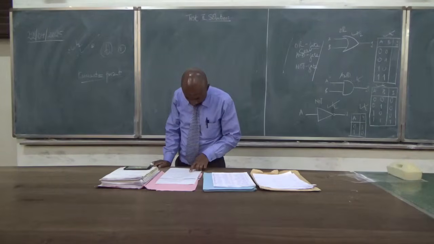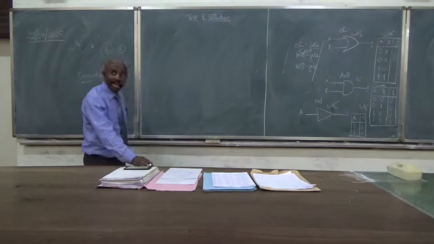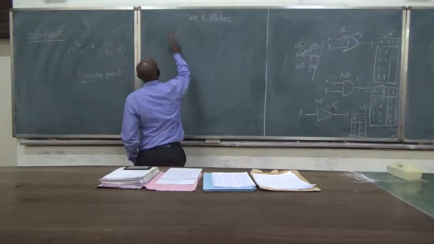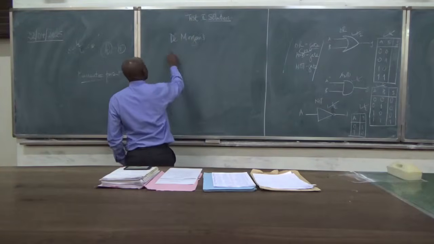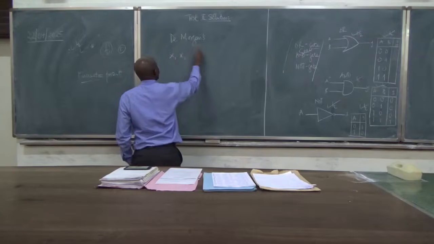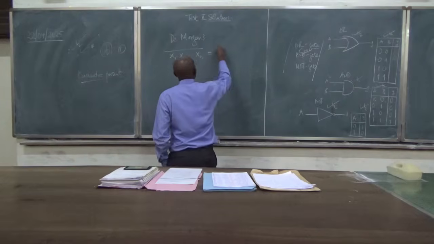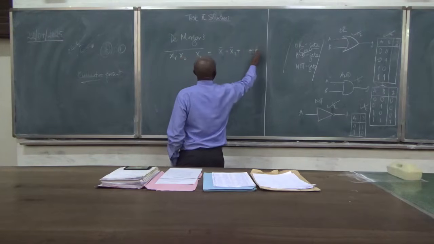Give the 3 main types of gates. Write down the De Morgan's. So some guy is not here today. He wrote this one, De Morgan, okay? And he wanted to show me that x1, x2, xm equals x1 plus x2 or xm.